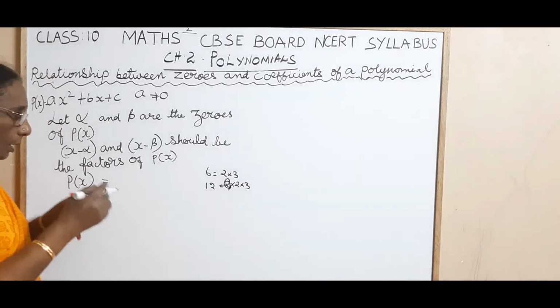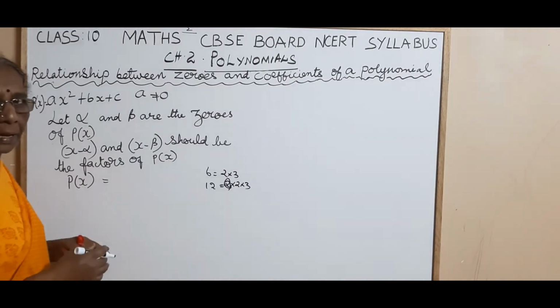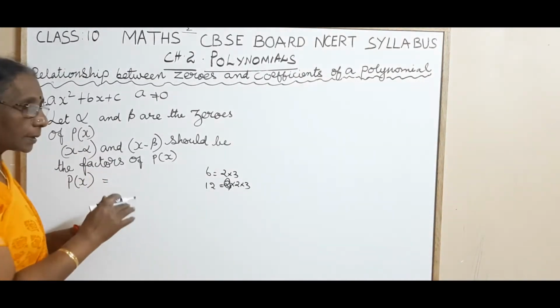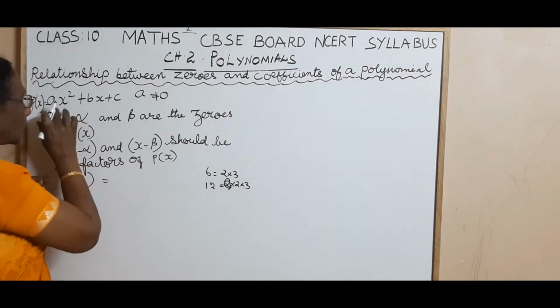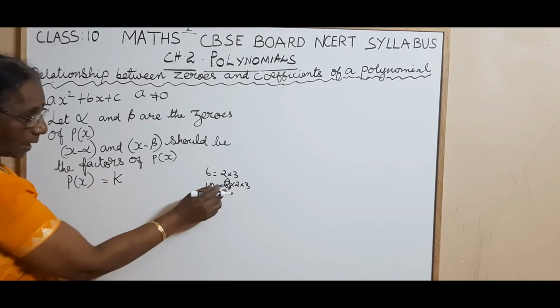So children, like that, this p of x can have a common factor, that is, a common factor of the coefficients a, b, c. So we are taking this as a constant.